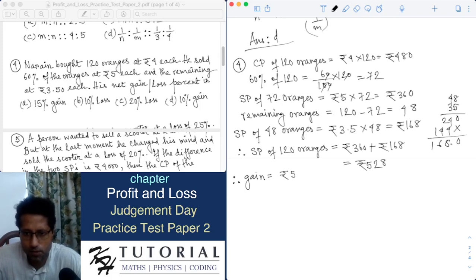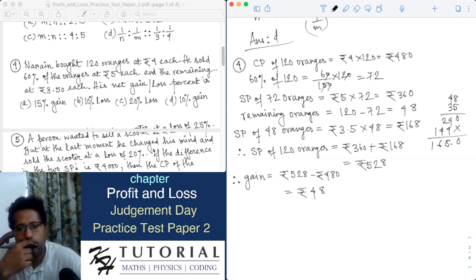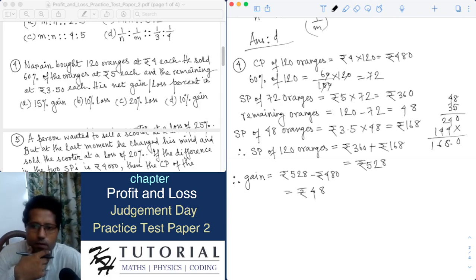So gain is rupees 528 minus rupees 480, which is rupees 48.